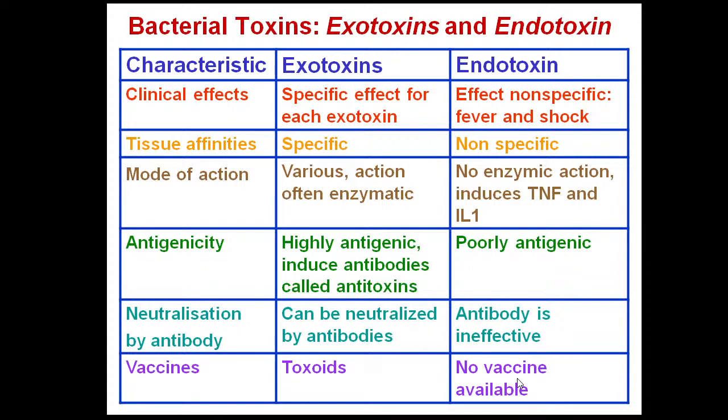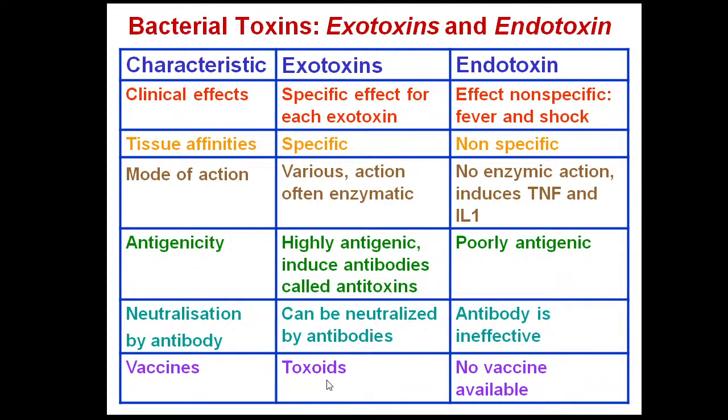If they are produced, the function of these antibodies is to neutralize the activity of the exotoxin. If we are talking about endotoxin, it is weakly antigenic. Of course, some antibodies will be produced, but they cannot neutralize the whole bacteria. That's why these antibodies are not so effective, and there are no really effective vaccines available against endotoxin.